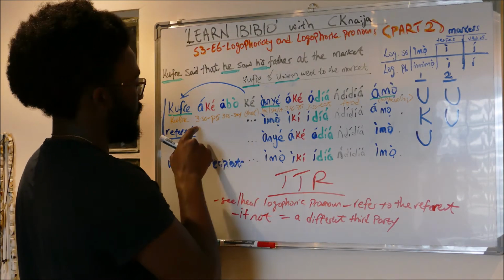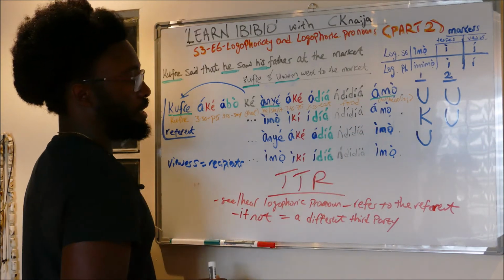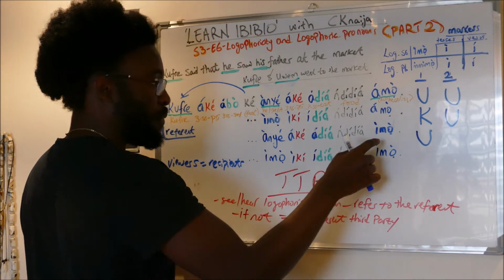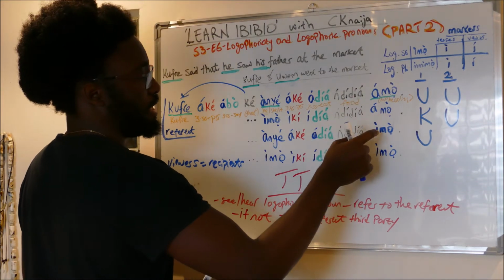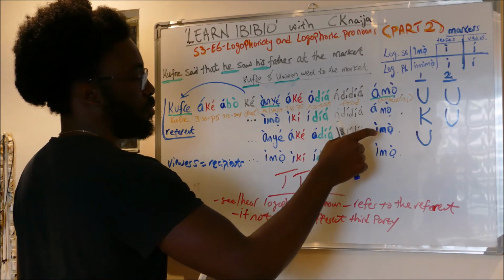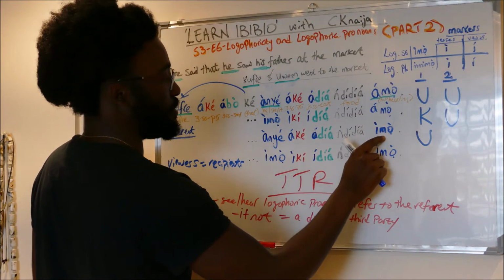So Kufre keboke anye akedia ndidia imo. Ndidia imo. Now we see the logophoric possessive adjective imo. Okay, so we want to ask, who is this referring to?